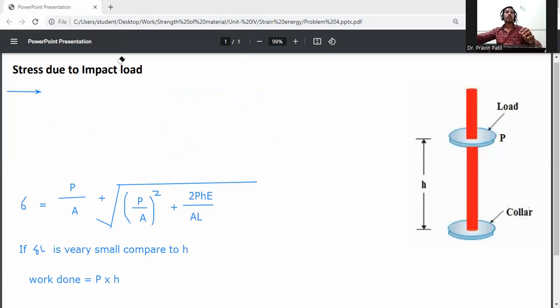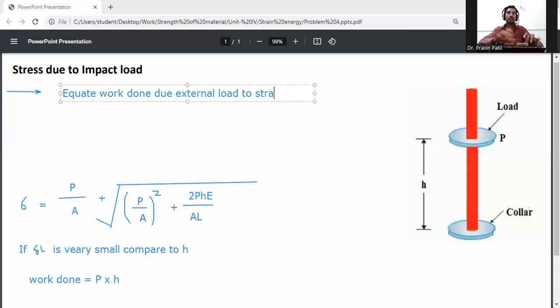So equate work done due to external load to strain energy.